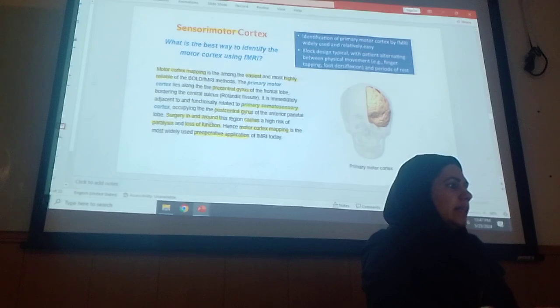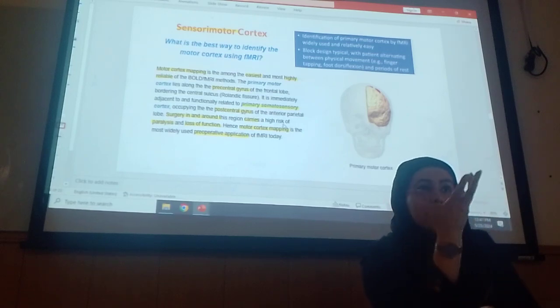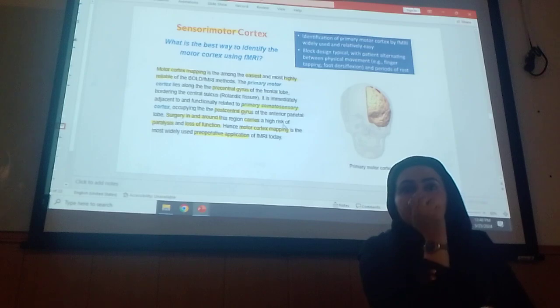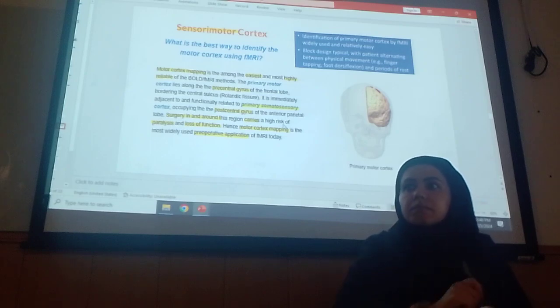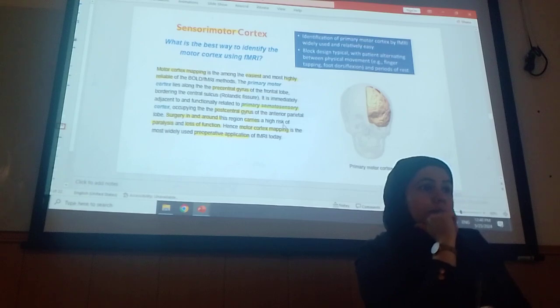Surgery in and around this region carries a high risk of paralysis and loss of function. It's very important to map this area. Surgeons like to have a reliable map of this area before surgery. Okay, it's very important.